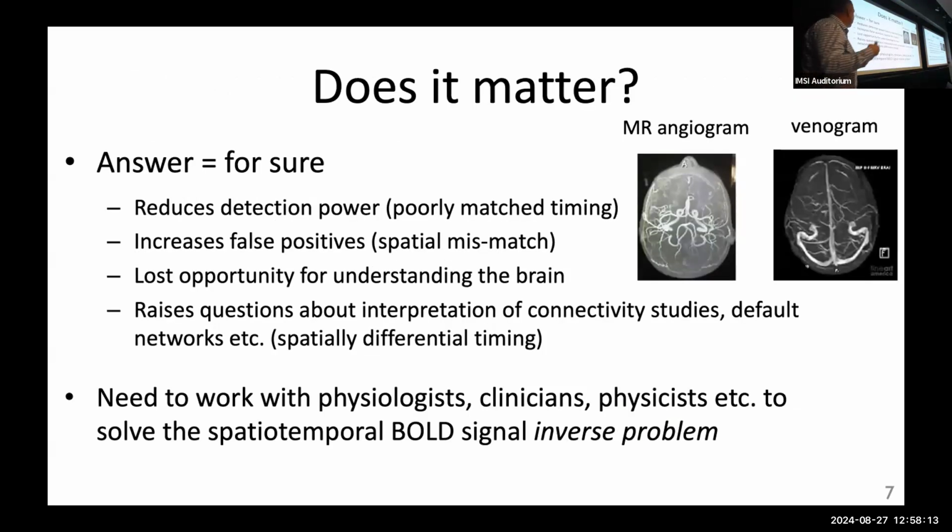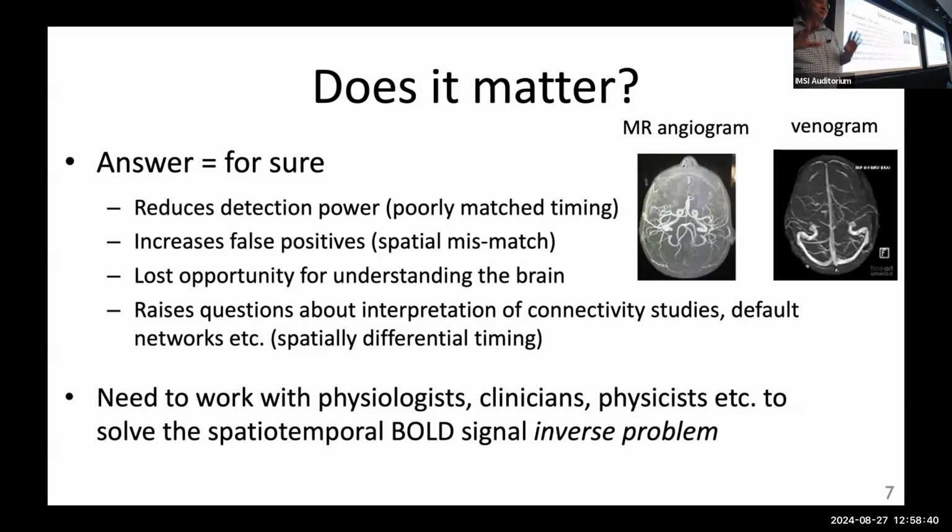So does it matter? I think I've already said, yeah, it does, for sure. Basically, it reduces detection power, and it increases false positives because of the spatial spread. You lose an opportunity for understanding the brain because we're not learning about where the activation really is. It raises questions about connectivity studies, like the default net.